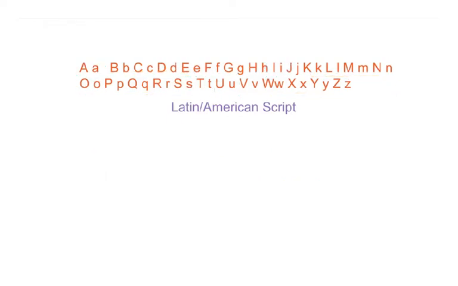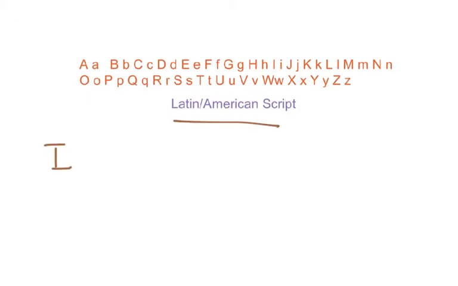This is the Latin script. However, there is another equally important notation called the IPA notation.